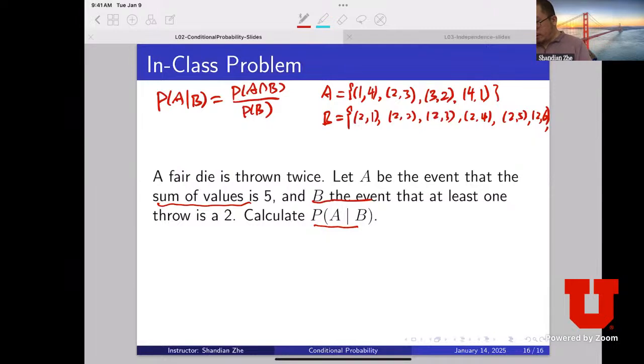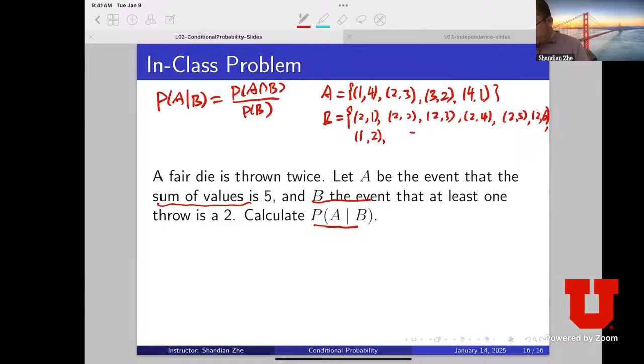But there is another case where we see the point 2 in the second draw. That basically means you got 2 in the second draw, and then the first draw can be 1. And then the second draw is 2 and the first draw is also 2, but now you see it's repeated. You haven't seen that in our previous enumeration, so we just remove it.